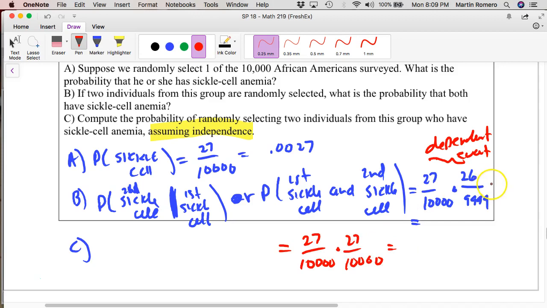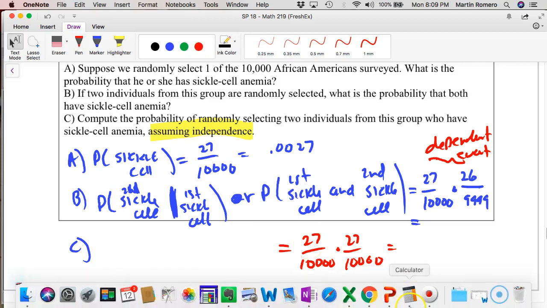And so the answers are going to be very close because these numbers are so small. The denominators are so big, and these are so small that the answers are going to be very similar. And so when you do those calculations, we're going to do the first one.